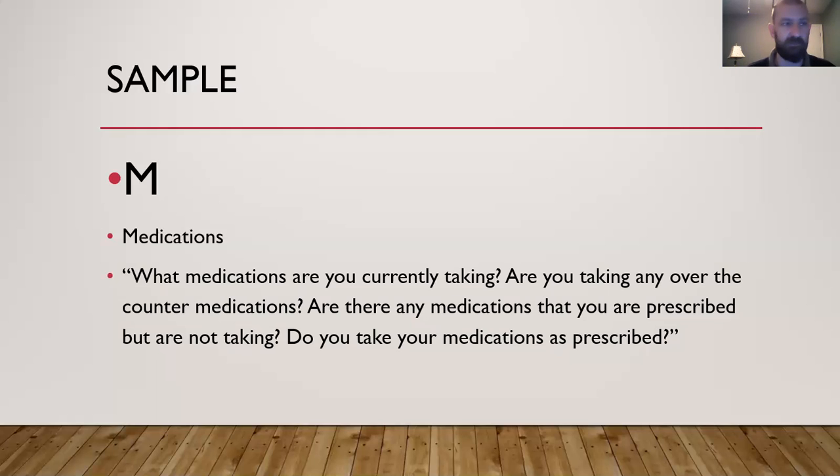So what sometimes people will do is they will take a medication, but they will ration it. For example, there are stories of people that because they can't afford their insulin, they ration their insulin. They don't take it as much as they should. So it's important to know that if they do have a medication, are they taking it appropriately? Because that medication may not be effective if it's not taken appropriately, and it might be the cause of the issues that your patient is having.